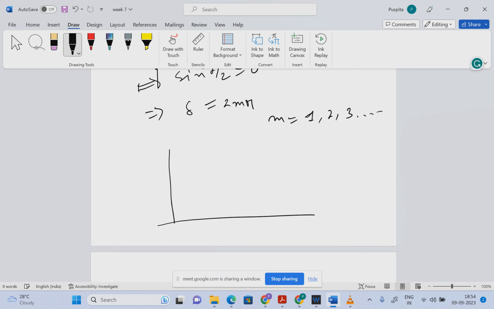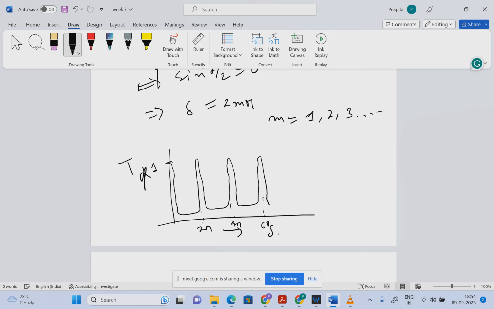So if you draw transmittivity, the maximum is 1, and this is delta, you will get peaks at certain delta: 2 pi, 4 pi, 6 pi, and so on.